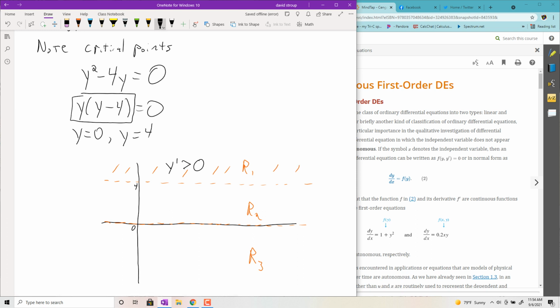Okay? In this middle region, R2, from 0 to 4, if you plug in y equals 3, you get a positive times a negative, so y prime will be less than 0. In other words, solutions in that region are all going to be decreasing. So they'll be going down like this. And then that third region, R3, if you do a test value like -5, you have a negative times a negative.